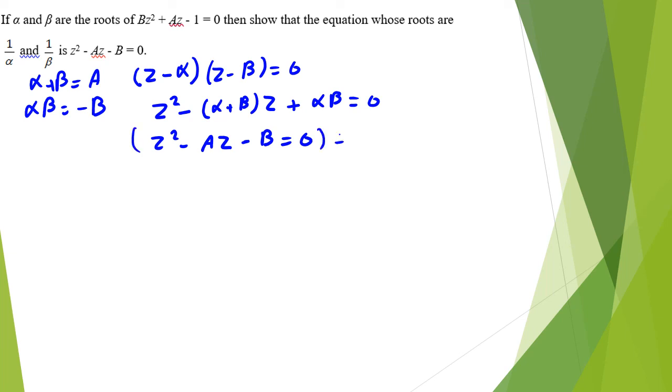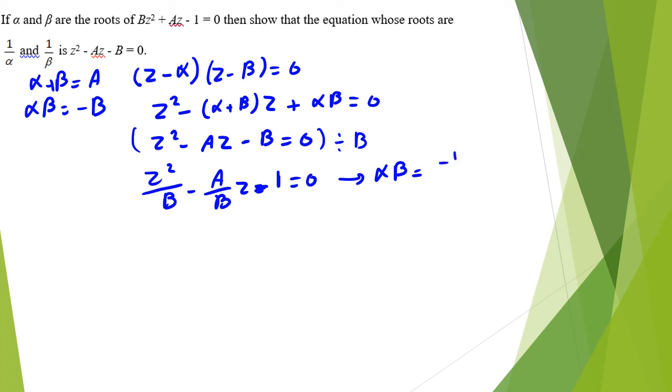So I will divide everything by b just to get it similar to that equation. Minus 1 equals 0. So from here, alpha times beta is -1 over b, and alpha plus beta is a over b.